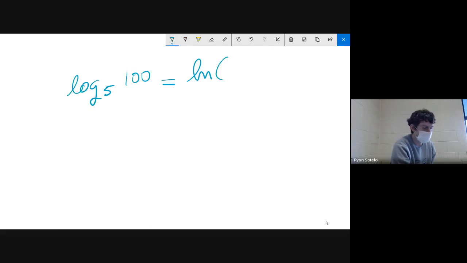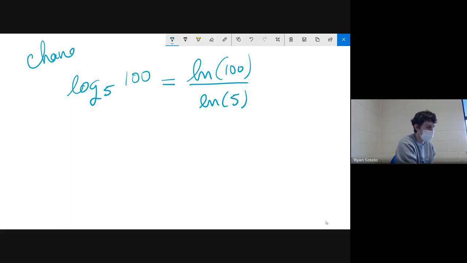You can do natural log of 100 divided by natural log of 5. That's called the change of base formula. So if I don't know what log base 5 of 100 is, I can take any log that I want of 100, the argument, divided by that same log of the base.